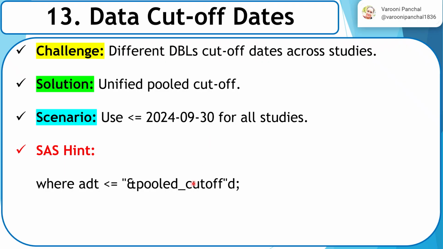So you can use this where function: ADT less than or equal to pooled cutoff. So this pooled cutoff is nothing but this specific value. So you can use ampersand and you can convert it into your date while using the character values, right?